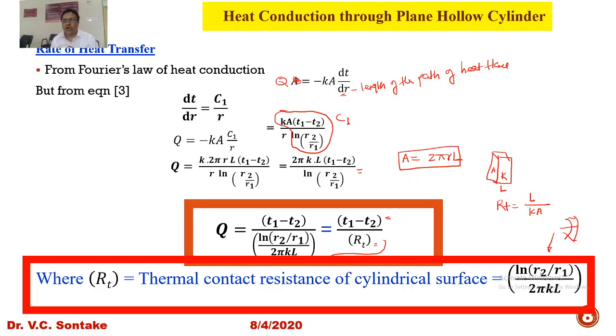This is log of R2 over R1 over 2 pi KL, where R1 is the inner radius, R2 is the outer radius, K is thermal conductivity, and L is the length of this cylinder. From this, we have deduced very important relations for plane cylindrical wall, that is thermal resistance, rate of heat transfer, and before this, temperature variation within the cylindrical wall.